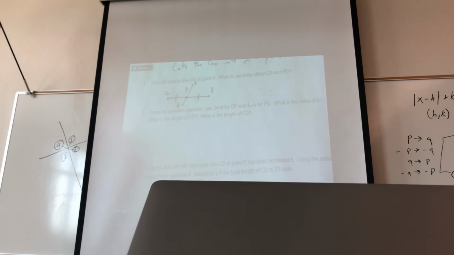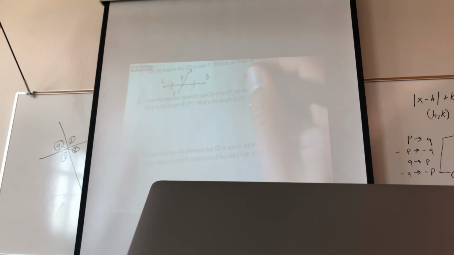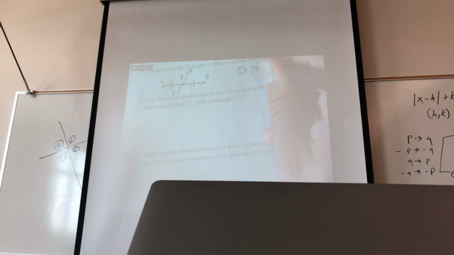Both of those measurements, at least if my drawing were better, should look exactly the same. So what do we know about CP and PD? CP as a line segment should be congruent to PD as a line segment. They are the 2 halves of that whole length of CD.